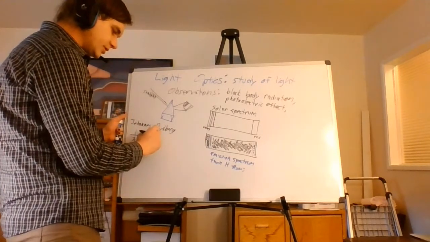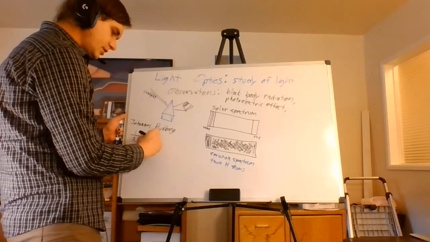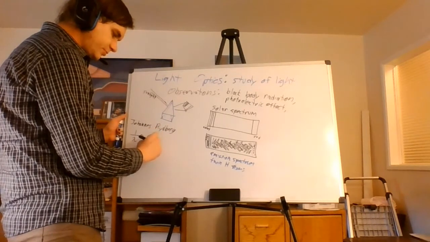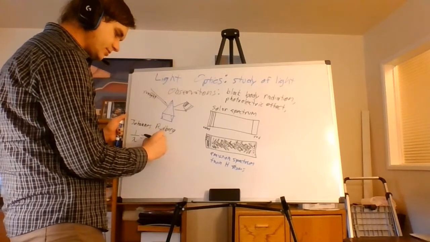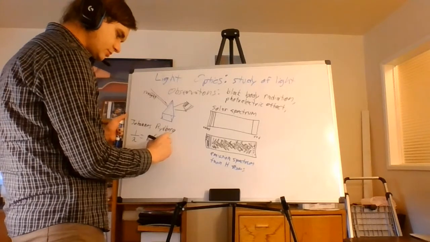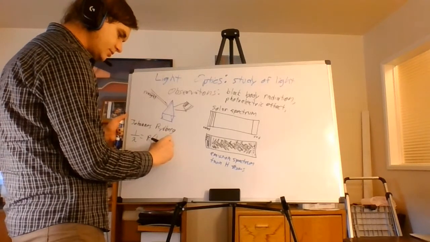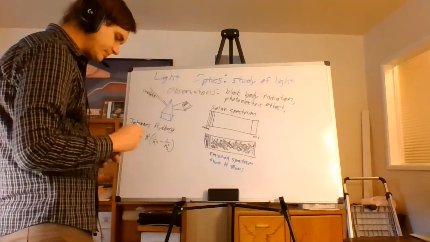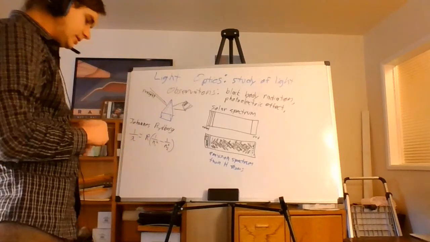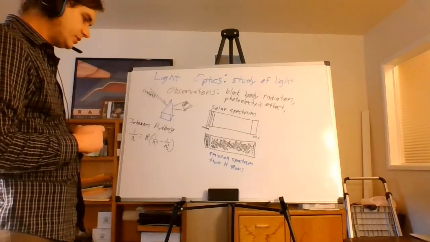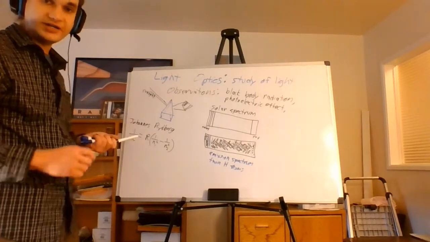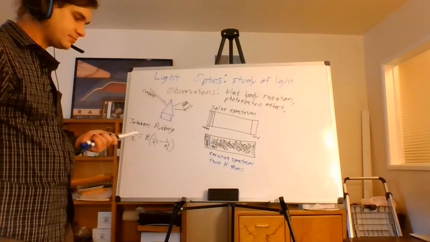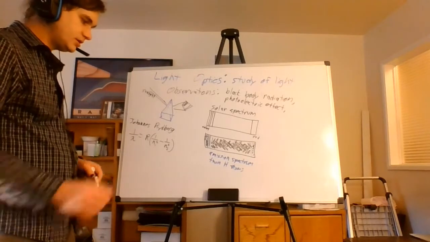Anyway, the Rydberg constant multiplied by 1 divided by 2 different n squares. Rydberg had no idea why this relationship existed.